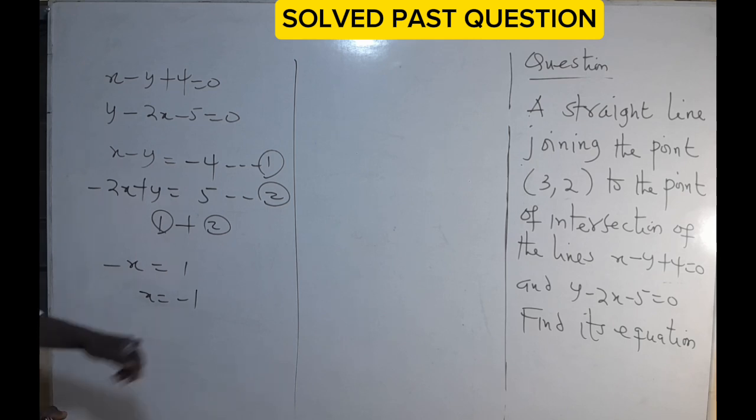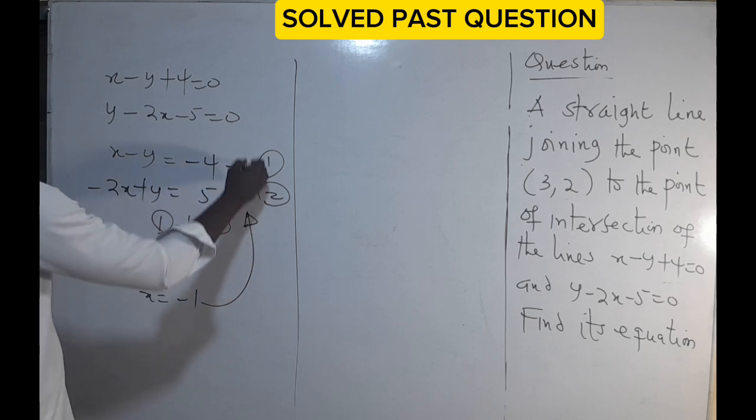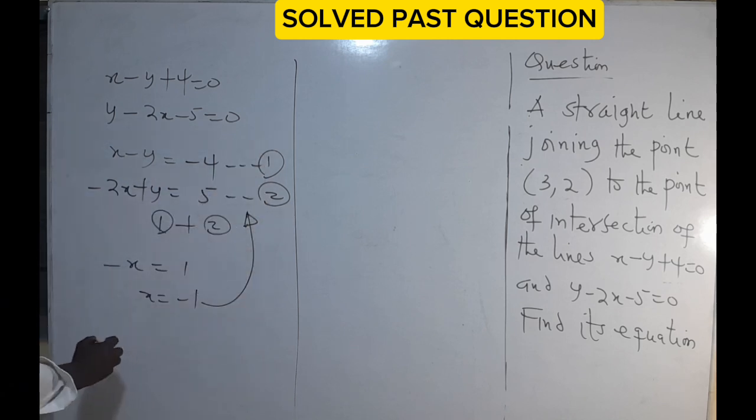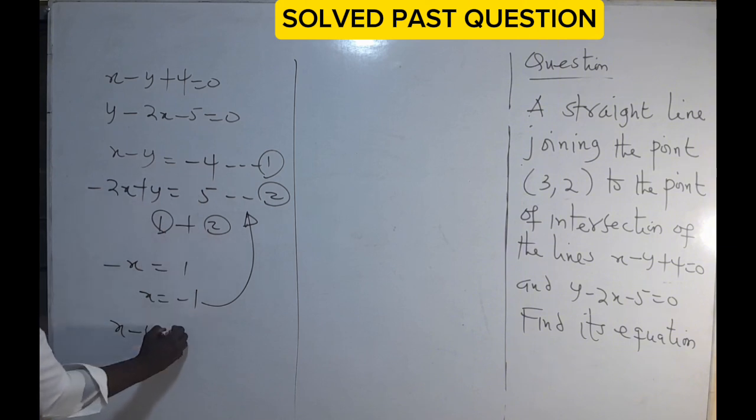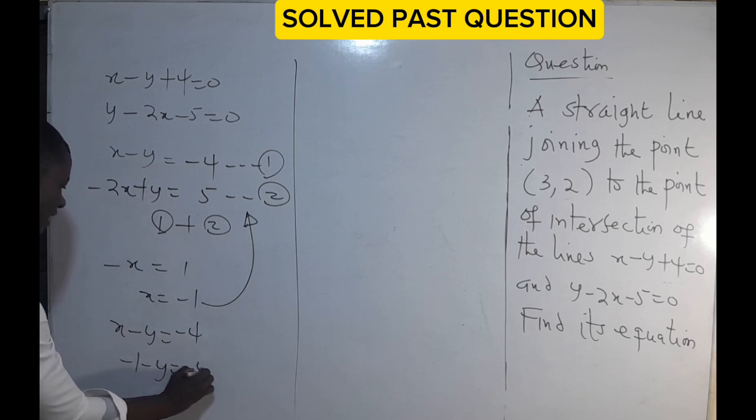If x equals minus 1, then you can substitute x equals minus 1 in any of these equations. So let's say from equation 1, we have x minus y equals minus 4. Now, the value of x is minus 1. So minus 1 minus y equals minus 4.